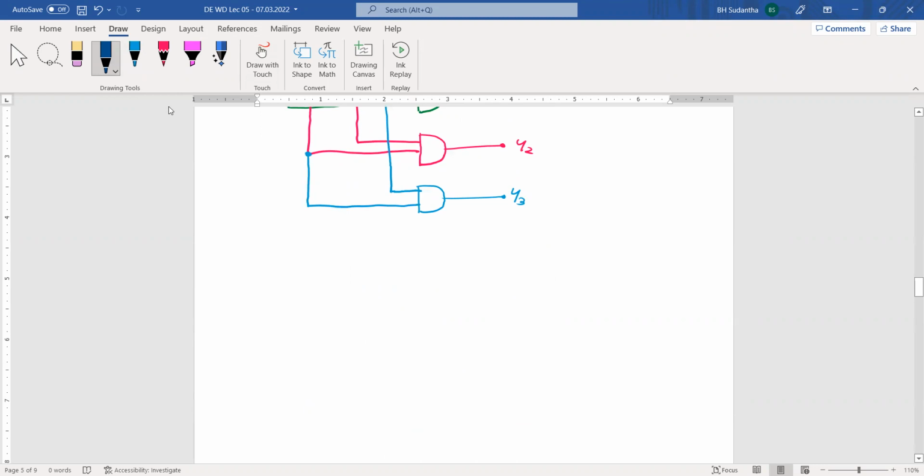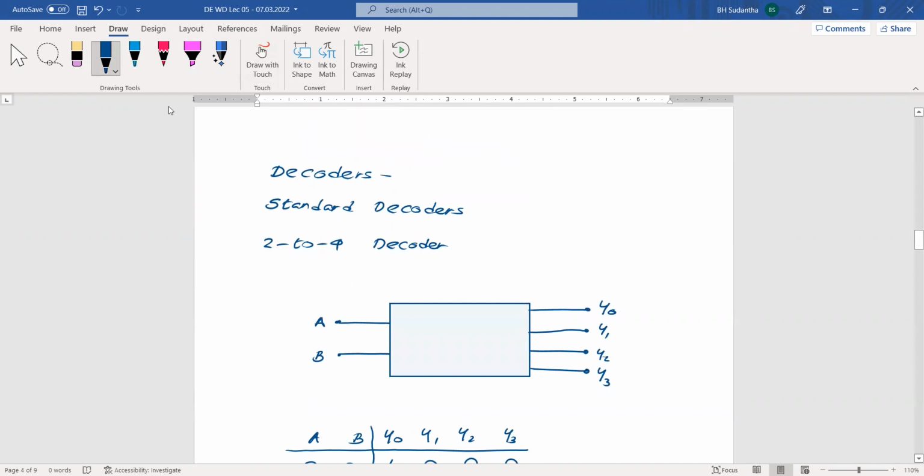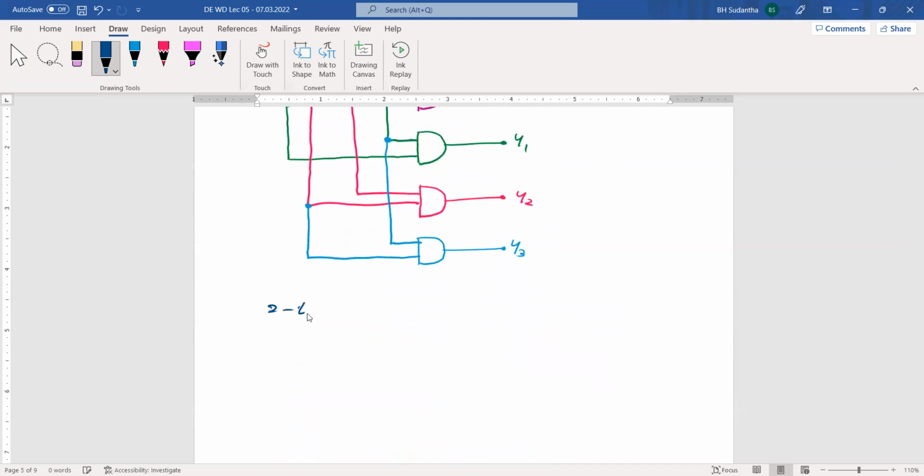What is the next decoder? The previous one is the 2 to 4 decoder. Now we know 2 to 4. Then what will be the next decoder? Can you guess? What are the things we can do to advance this one?